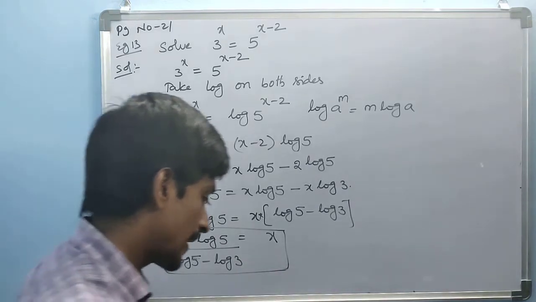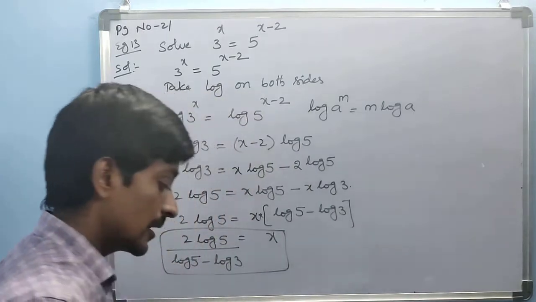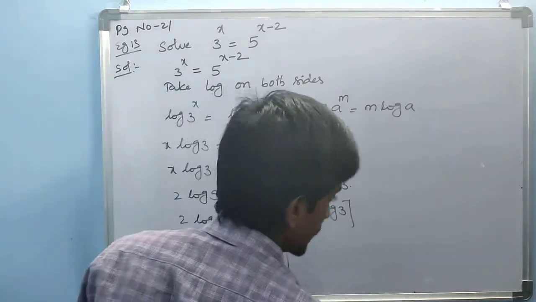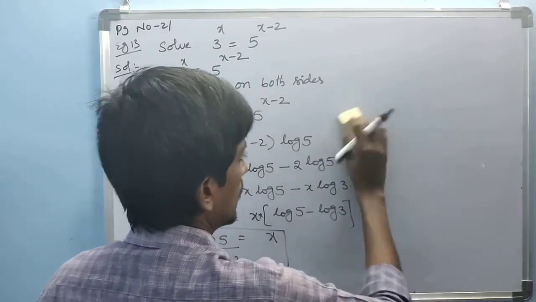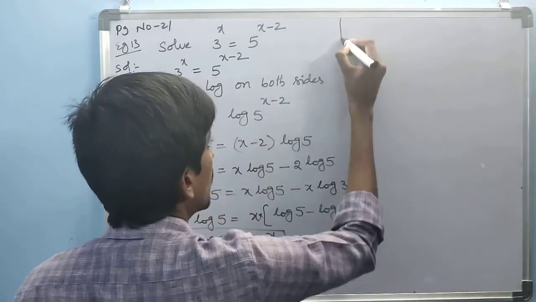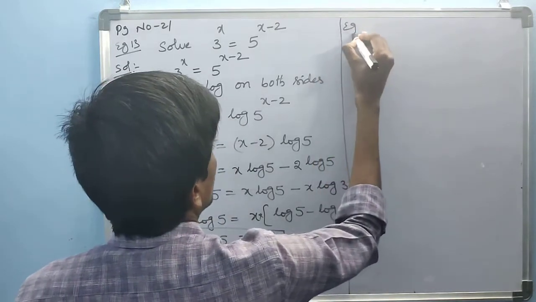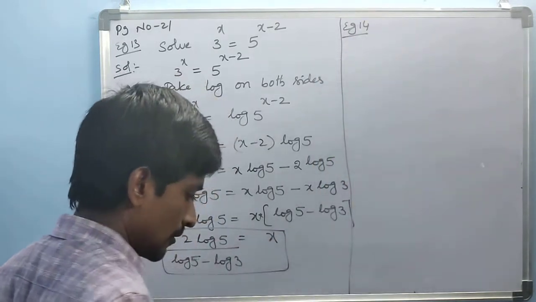Okay. The last one is a very important 2 mark sum. Example 14.